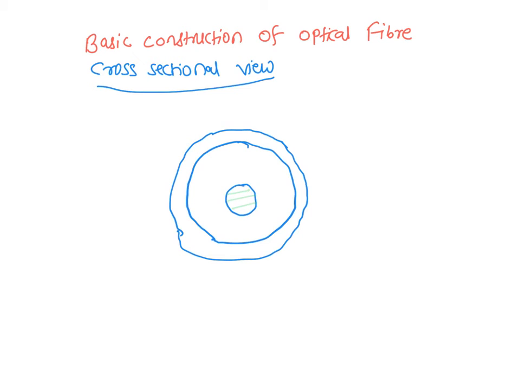Then this part is the cladding. And the outer one is the jacket. We call it a jacket or sheath, or sometimes a buffer coating. So this is the cross-sectional view of optical fiber.